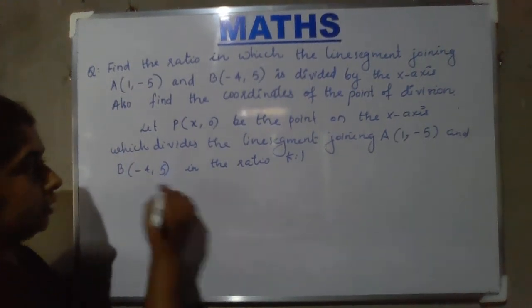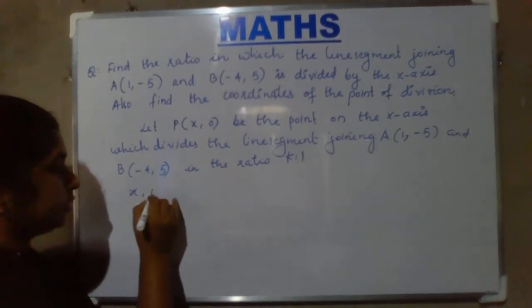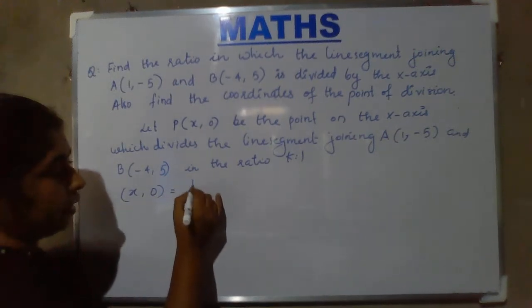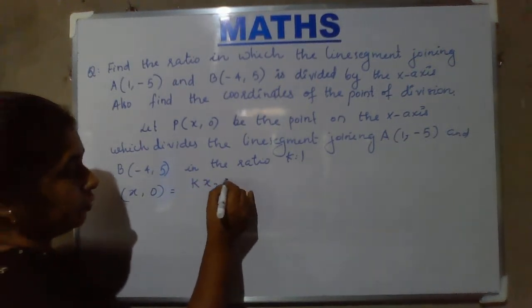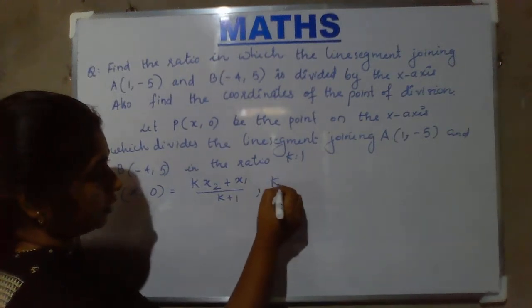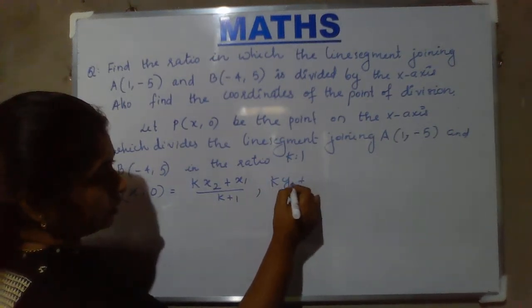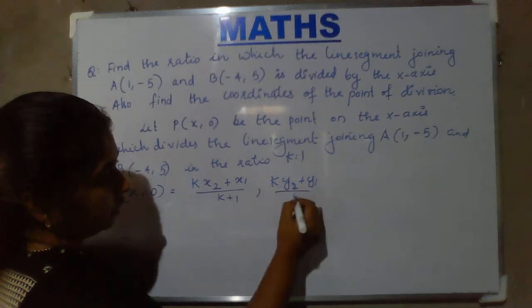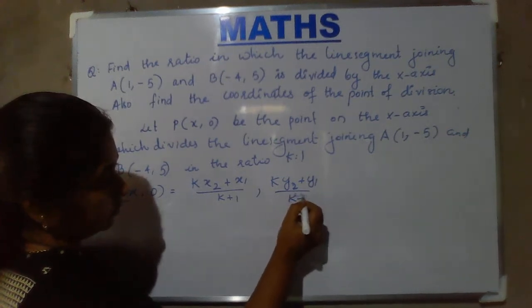So we can write x0 is (kx2 + x1) by (k + 1) and (ky2 + y1) by (k + 1).